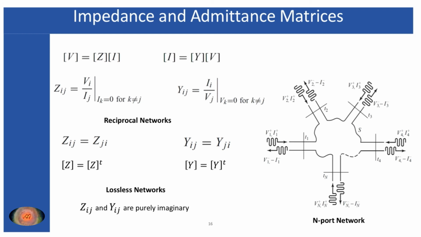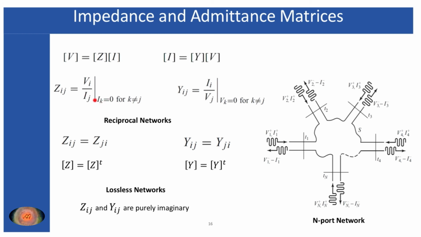That means when the jth port is excited by the current Ij and all other ports are open circuited, because you have to ensure that all other ports other than the jth port are carrying no current or zero current, and in order to ensure that, you must have all other ports open so that no current can flow.